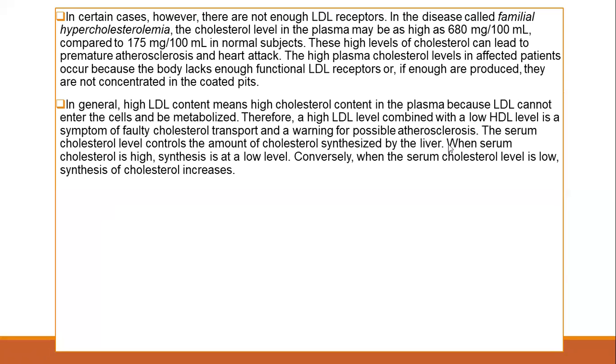Pag mubo, that's the time when the synthesis of cholesterol will increase. Okay? Naman ang feedback mechanism. Pagtaas ang content, for example, cholesterol, the feedback mechanism is to i-lower ang production, ang manufacture. Pag ubos pod, ang feedback mechanism pod is taasan ang production.